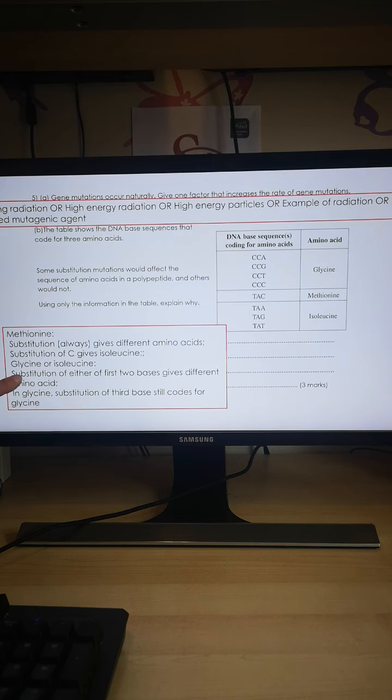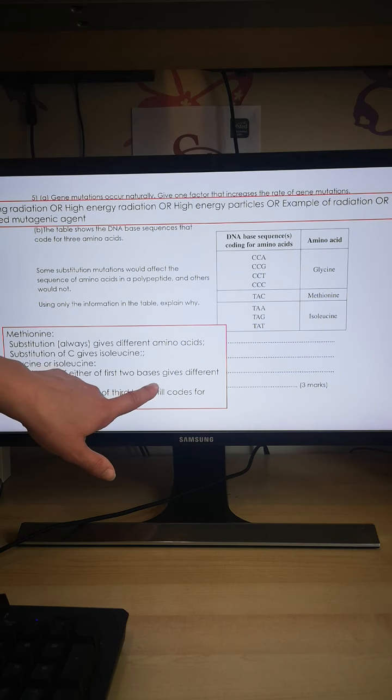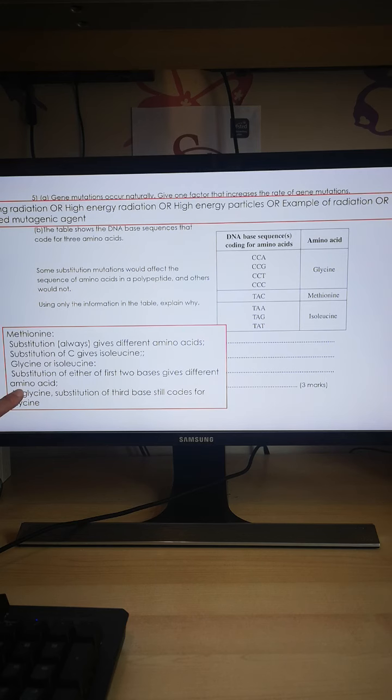Okay, so you can use them for the 3rd example, substitution of either of the first 2 bases to give you a different amino acid.